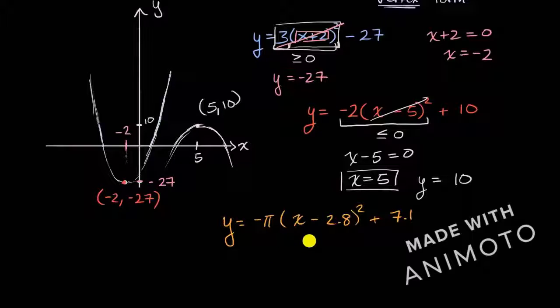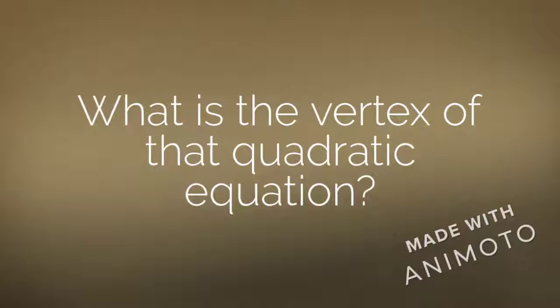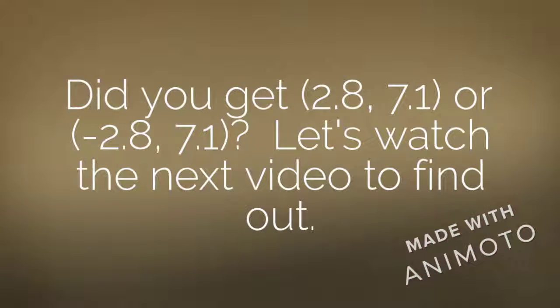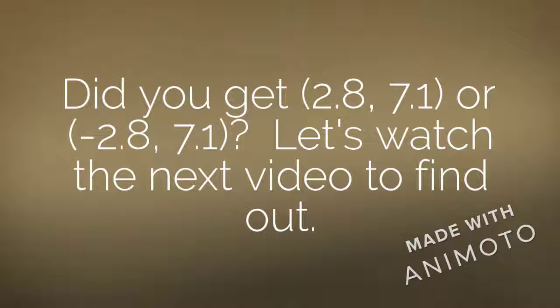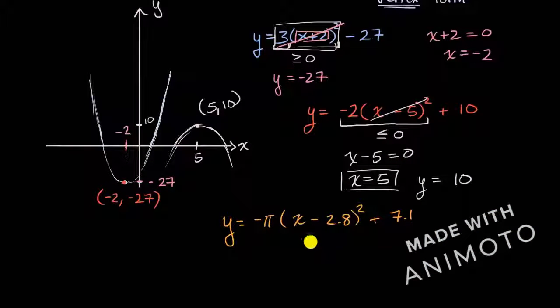What is the vertex of the parabola here? Well, the x-coordinate is going to be the x value that makes this equal to 0, which is 2.8. And then if this is equal to 0, then this whole thing is going to be equal to 0, and y is going to be 7.1.